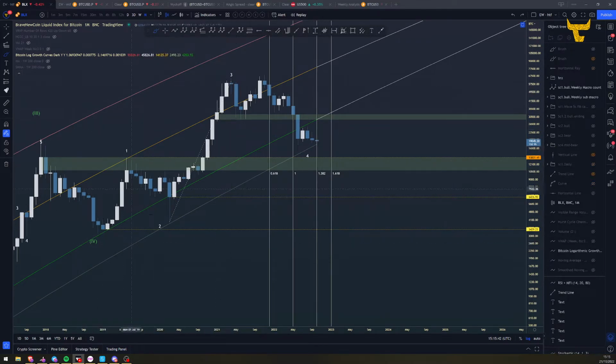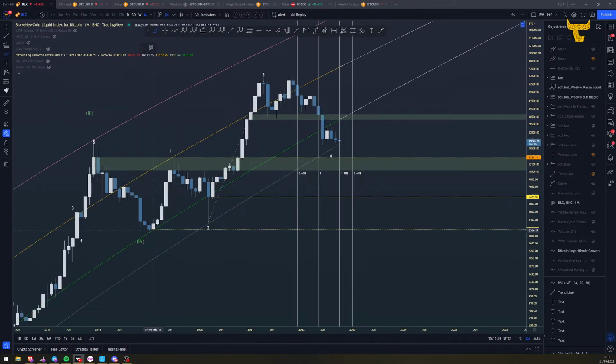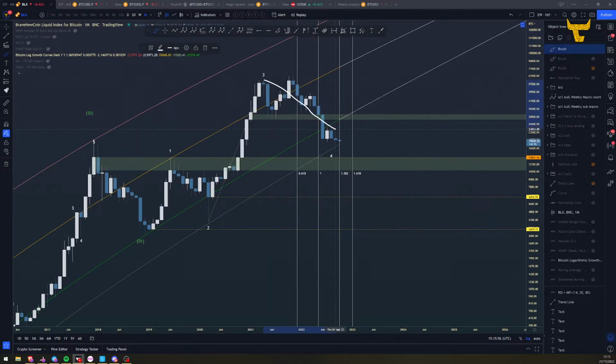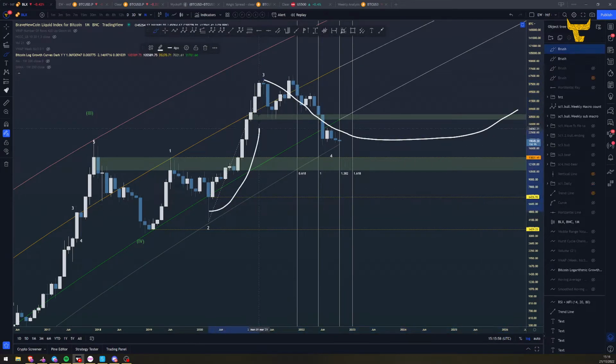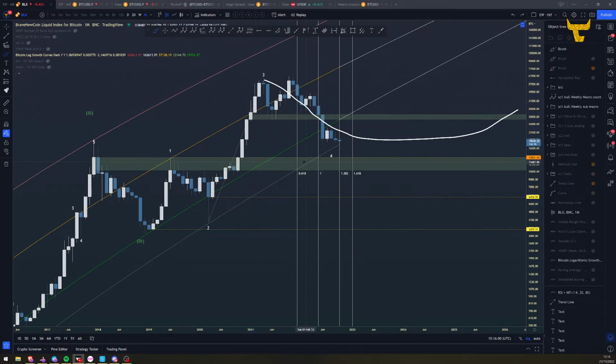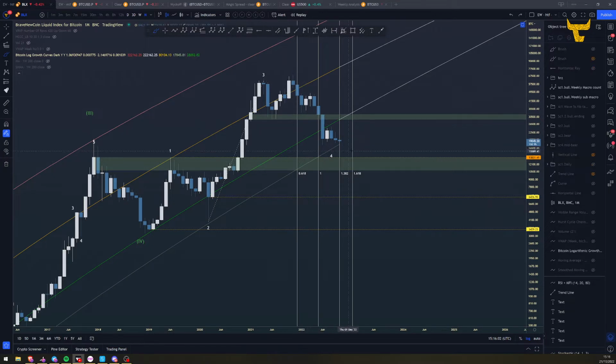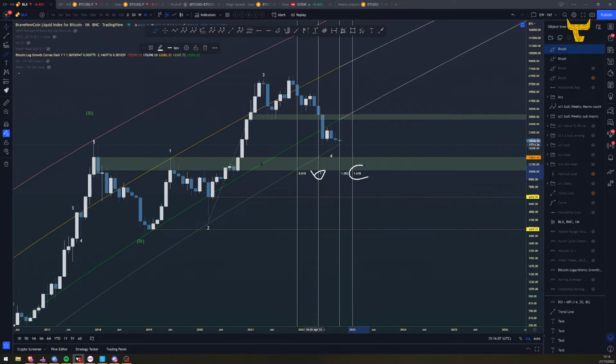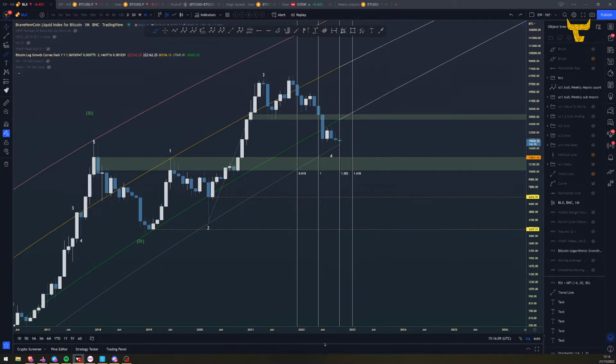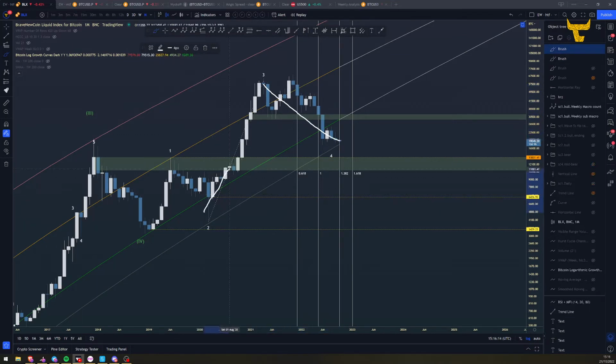Just because we need, or at least I need, to see comparable time between waves of the same degree. And so we don't want a wave 4 that will last 10 times the time of wave 3, or you have to find another count. But here I will say between 160, 180 is still acceptable in terms of time for this move down to be a correction of this move.